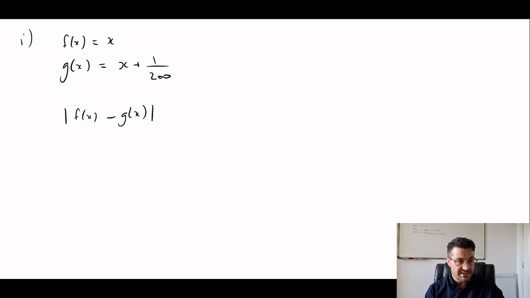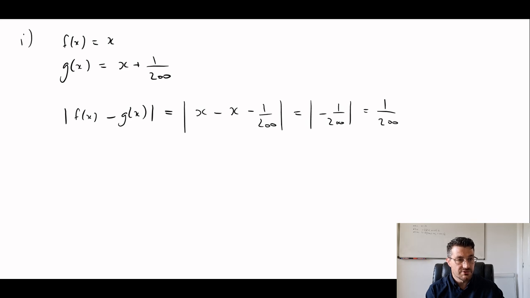So this is equal to the modulus of x minus x minus 1 over 200, which is equal to the modulus of minus 1 over 200, which is equal to 1 over 200.